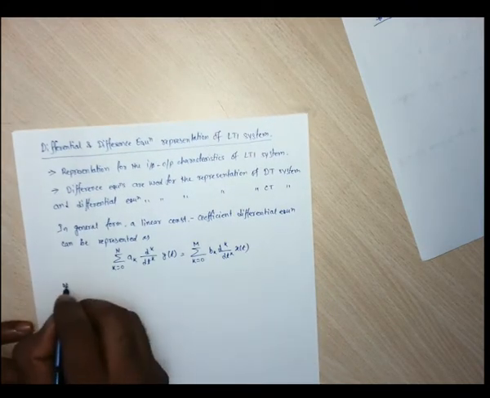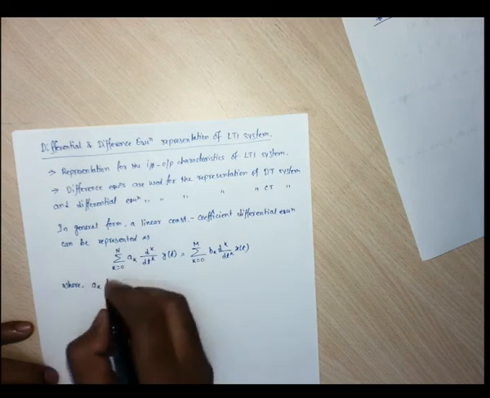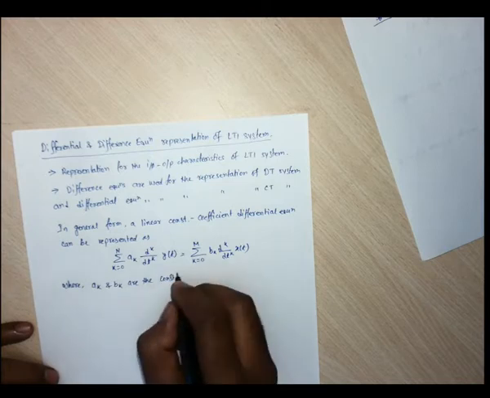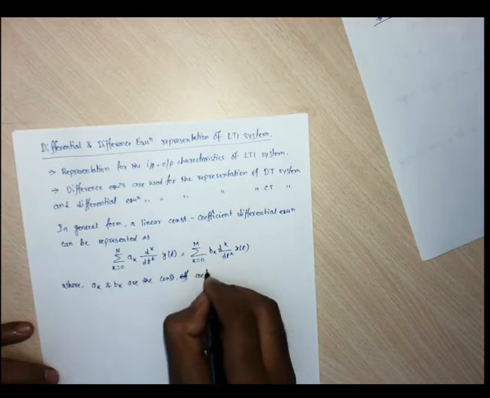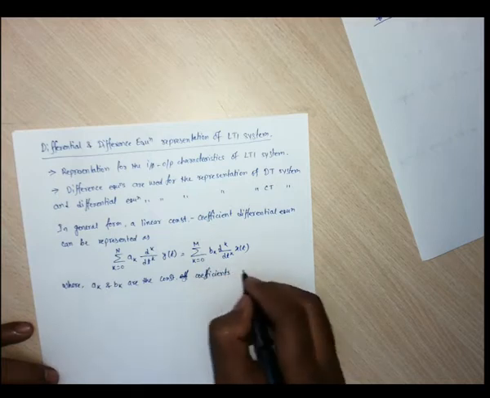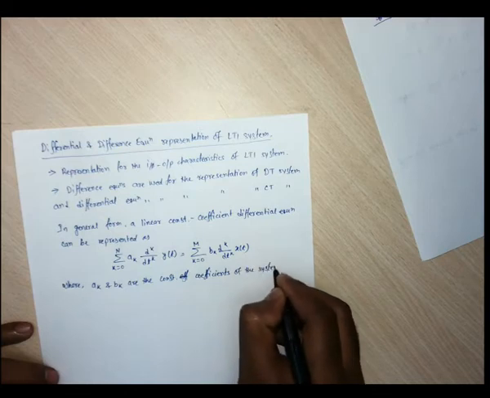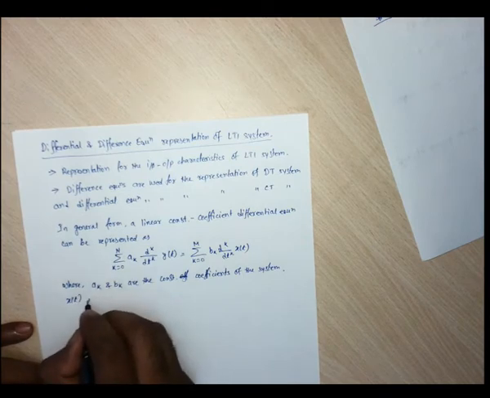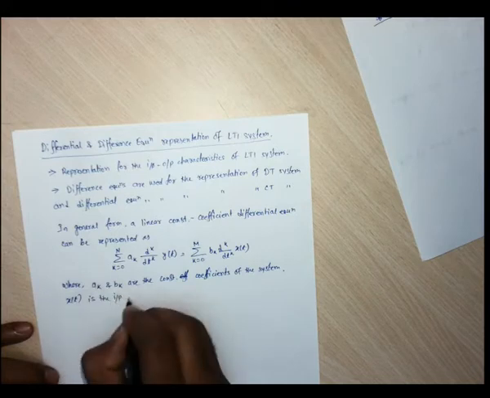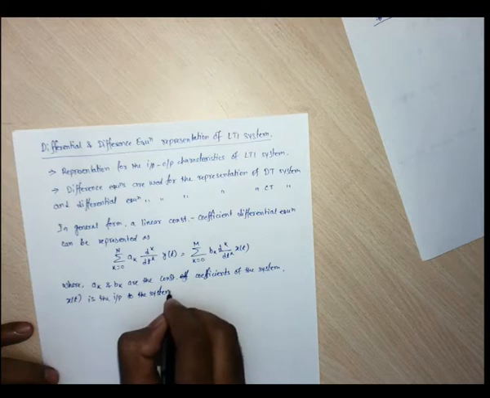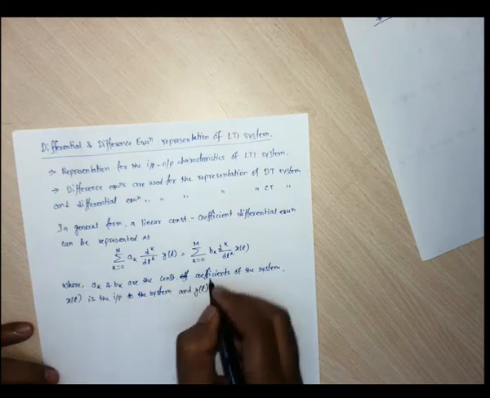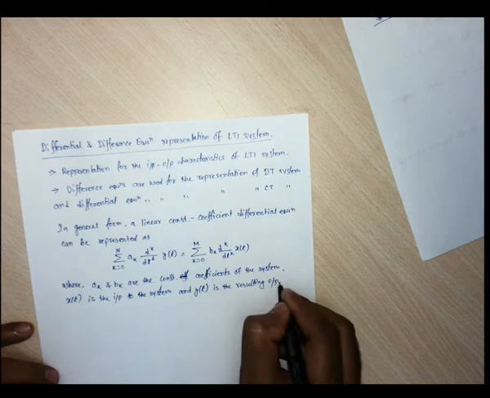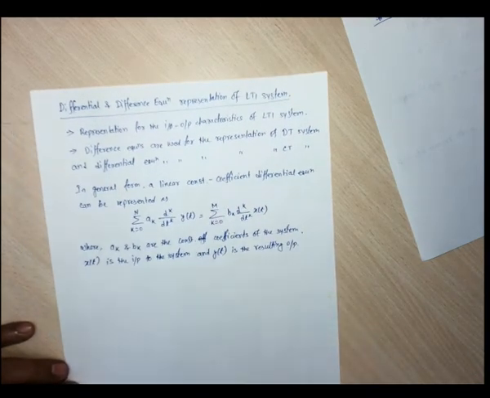Where a_k and b_k are the constant coefficients of the system. x(t) is the input applied to the system, and y(t) is the resulting output.